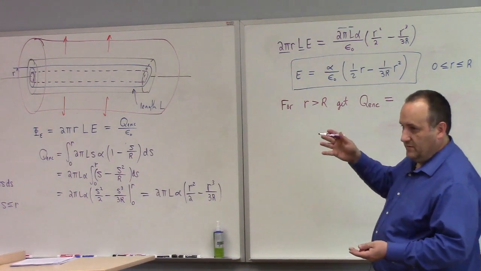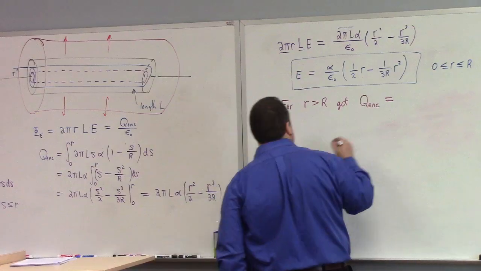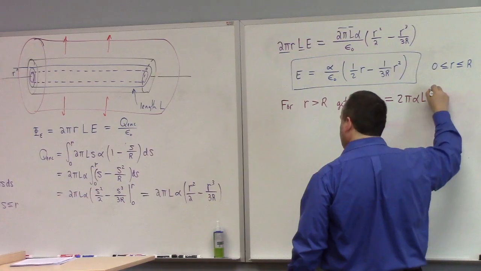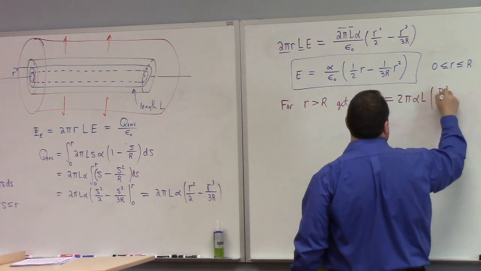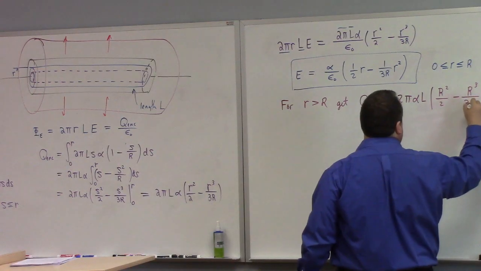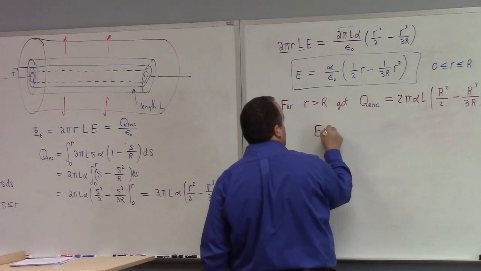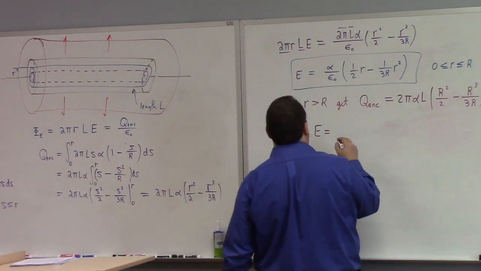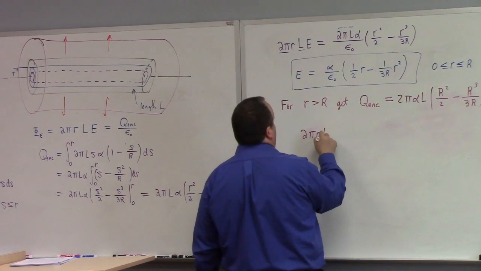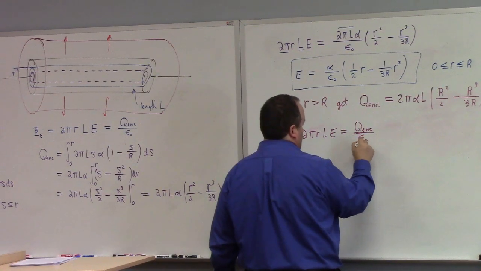Because you get the whole charge. And so that is whatever this works out to if you plug in big R. So you get 2 pi alpha times L times big R squared over 2 minus big R cubed over 3R. And so then the electric field in that case, sorry, 2 pi R L E is equal to Q enclosed over epsilon naught. What's that give us in this case?